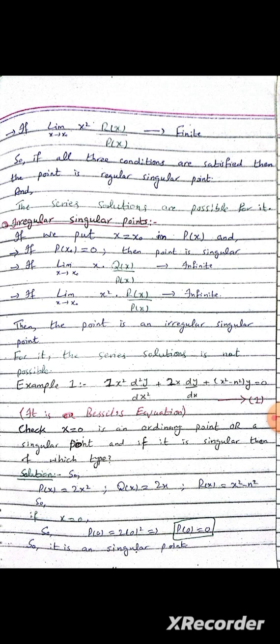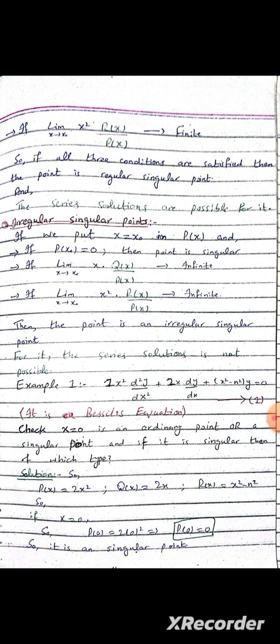Let us understand with the help of an example, Bessel's equation. We are checking whether x is equal to 0 is an ordinary or a singular point for the Bessel equation. By comparing it with the general equation, we obtain p of x is equal to x square.